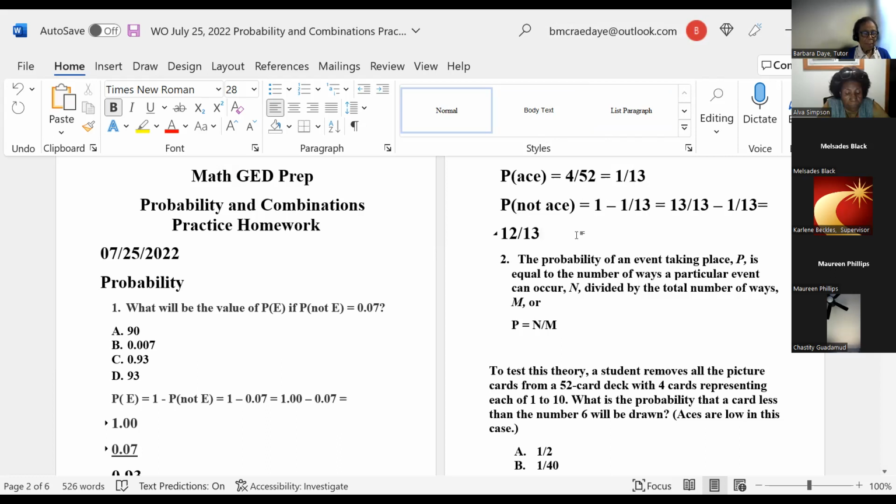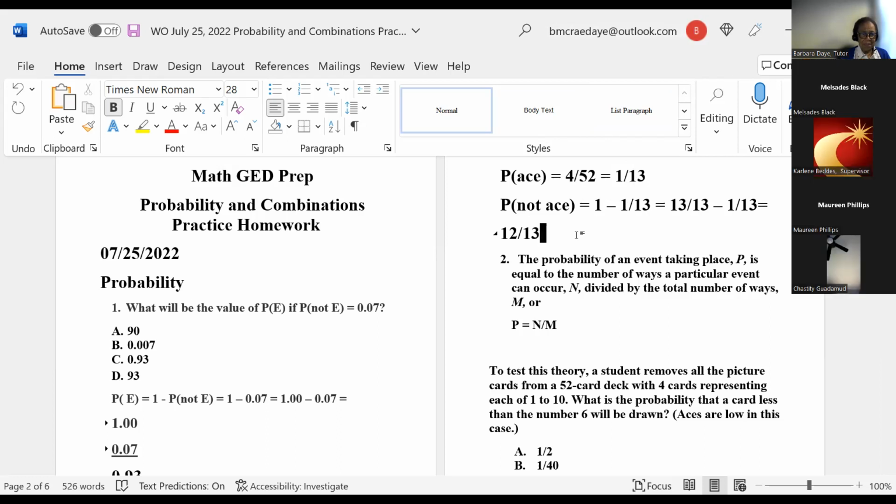Okay, so why do you have to divide the 4 into 52? Because it's not simplified. Oh, you have to simplify it? Yes, you have to simplify the fraction.